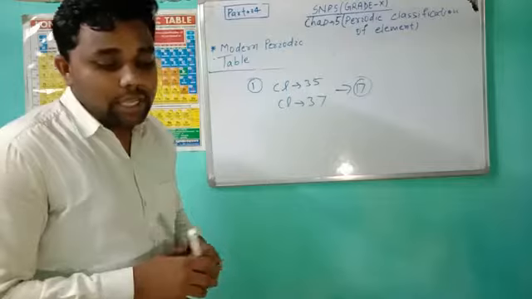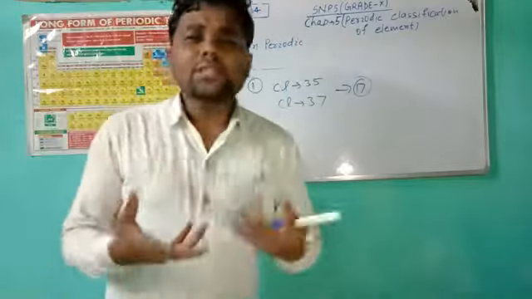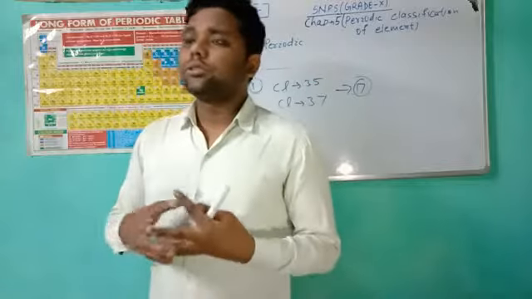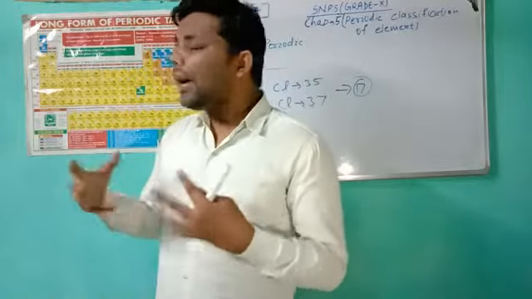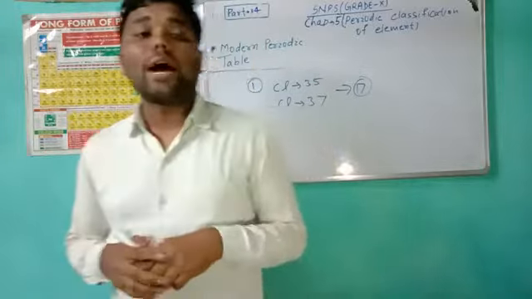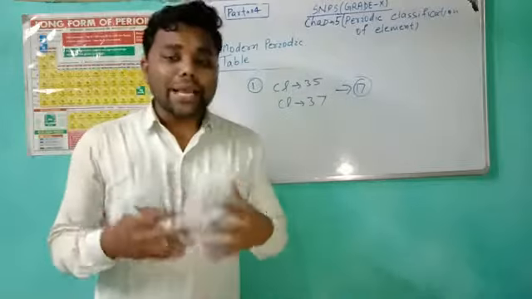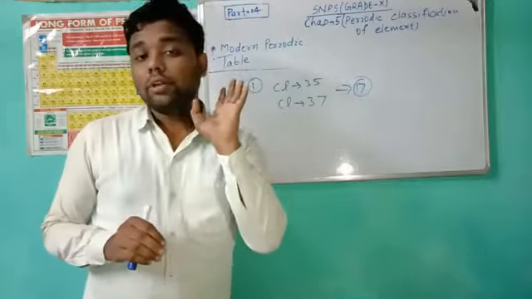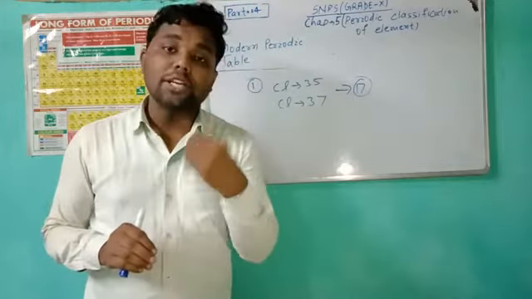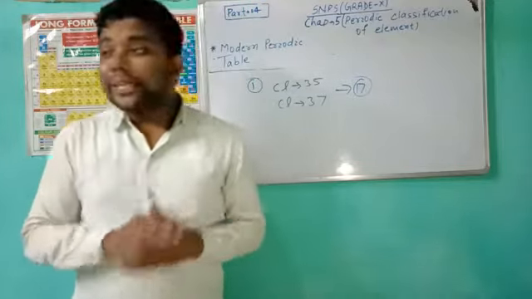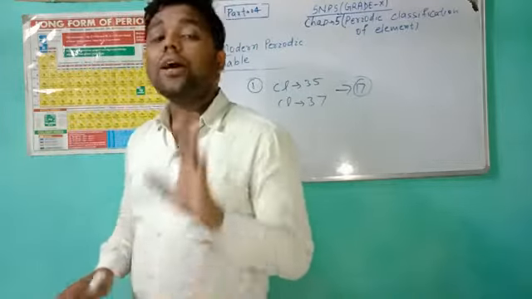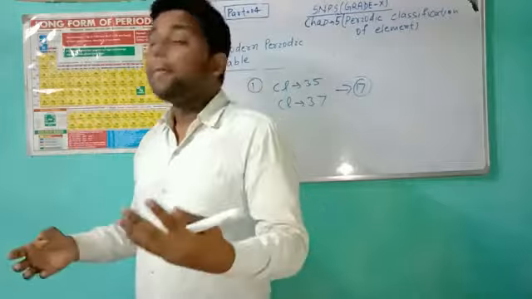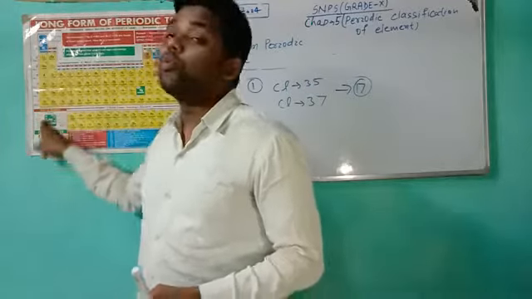The third is hydrogen. Hydrogen was also a contradiction for scientists: what is its actual position? It has atomic number 1 and one valence electron, so it is placed in group 1.